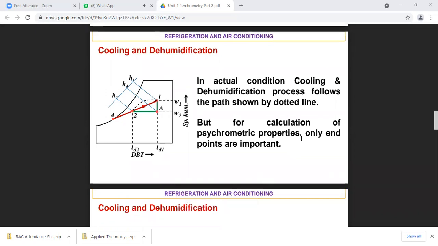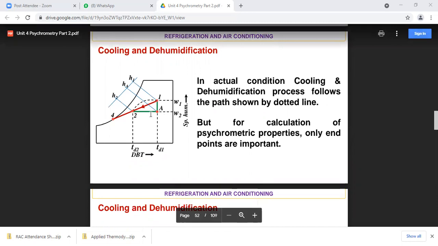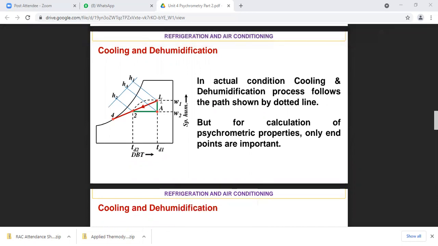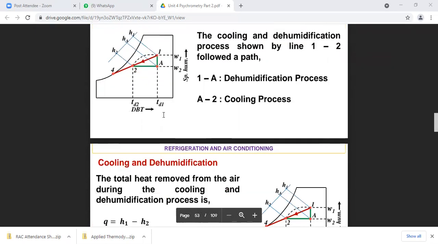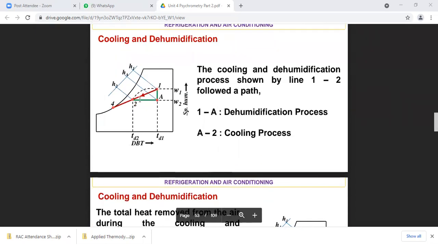In the actual cooling and dehumidification process, this is shown by this dotted line, but for calculation purposes we consider only the endpoints. So 1 to A is the dehumidification process, and A to 2 is the cooling process.